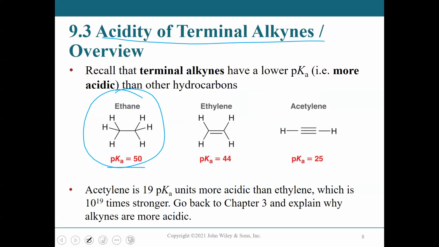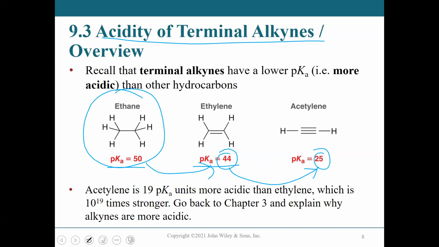Water is way more acidic than alkanes, like 10 to the 36 times more. And if you taste pure water, it's not acidic at all. Ethylene, which is an alkene, is 44. It's slightly more acidic. But alkynes are way greater, so they're way more acidic.